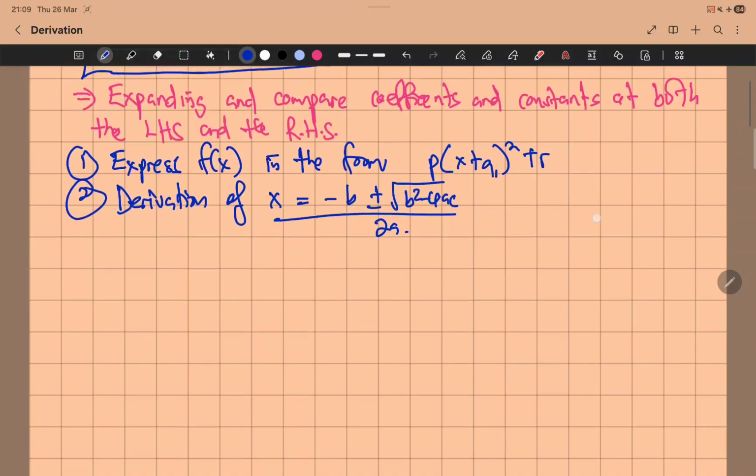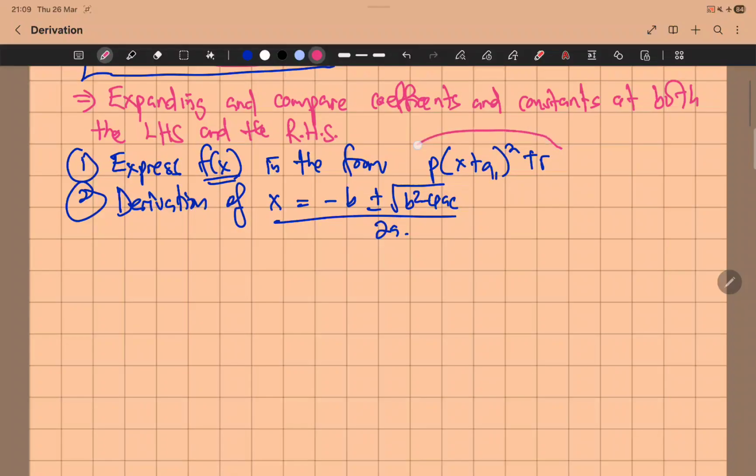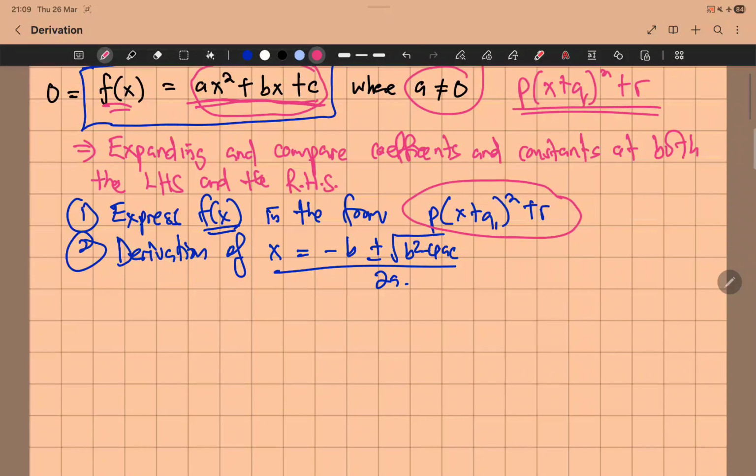All right, so let's go. So for starters, we are saying f of x we want to represent in this form. So we said in our last lesson, the first step would be to expand. We expand the desired form until it becomes a function in that form, we keep expanding until it matches the given function of x.